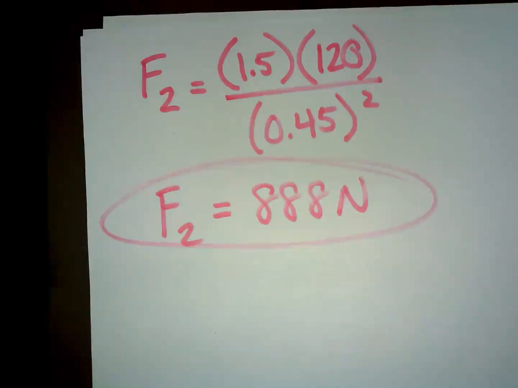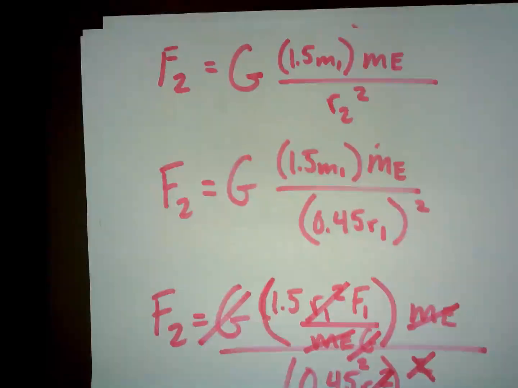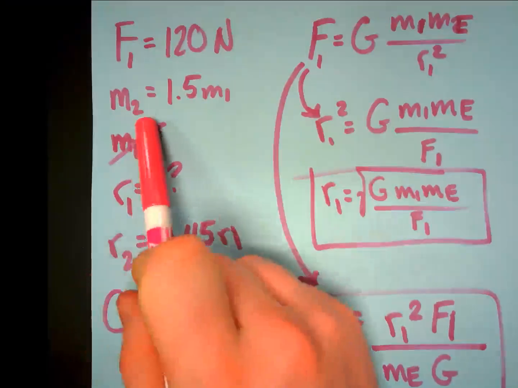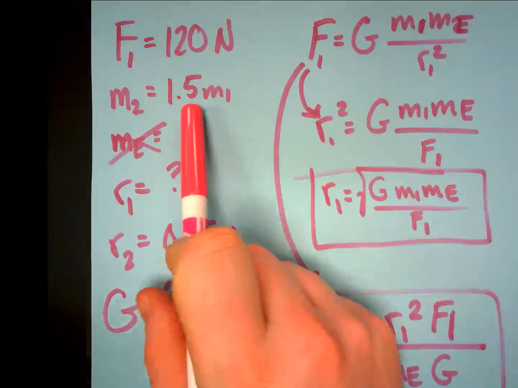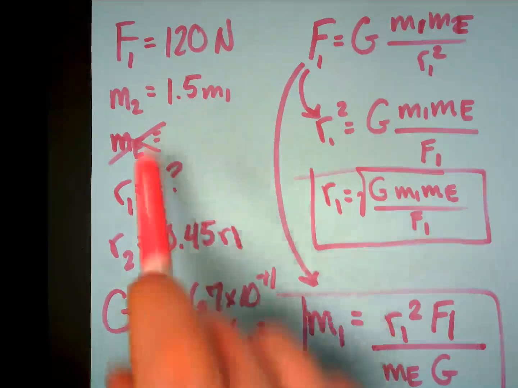Okay, it was simply just a puzzle where we first substituted what we had. Our M2 we knew was the mass of our second object, our second spaceship, which was going to be 1.5 times the mass of the first spaceship.